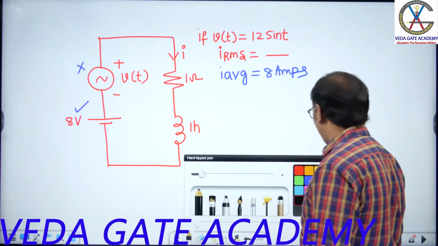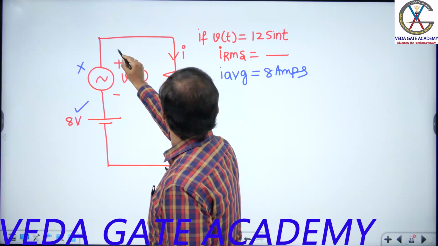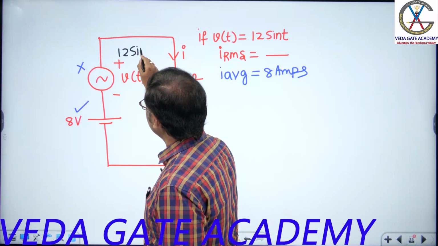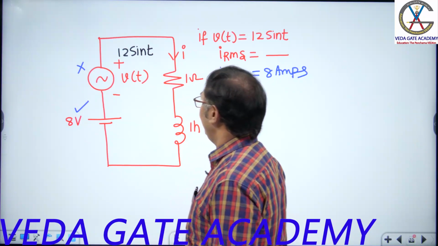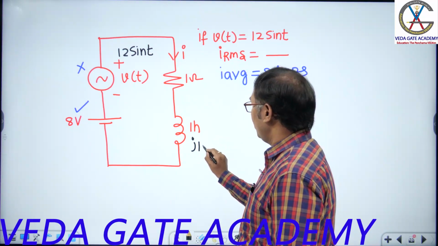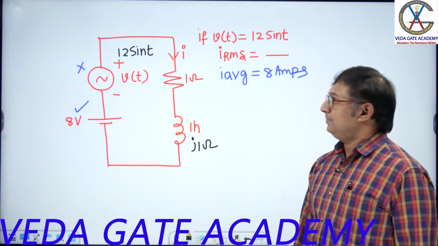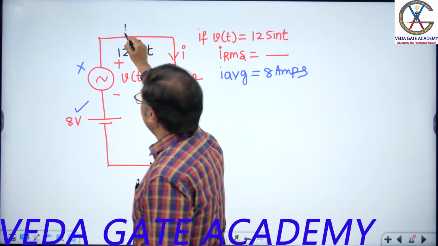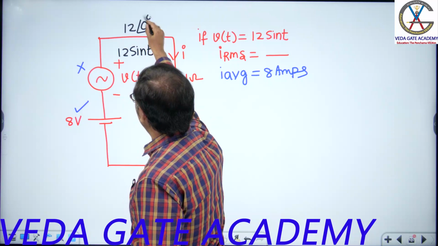Next, the AC source is 12 sin t. Omega is given as 1, so the inductor is j1 ohms. The phasor form is 12 at an angle 0.